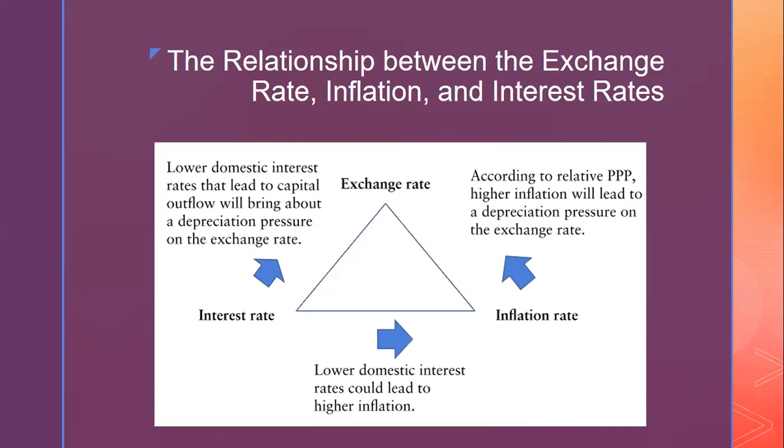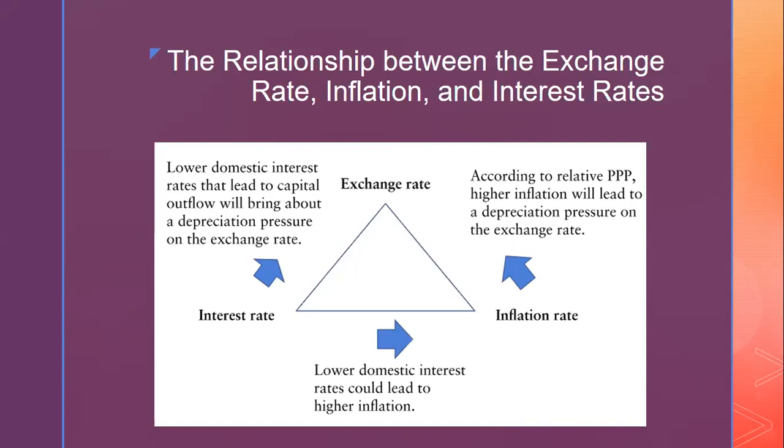So for this example, the central bank keeps a lower domestic interest rate. Suppose that now you are the investor. Now there is a lower domestic interest rate, but if you compare it with the foreign interest rate, you can see the foreign interest rate is higher.